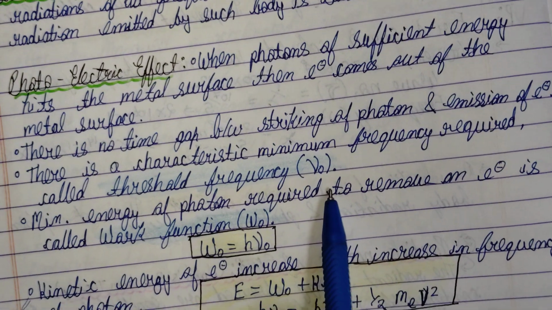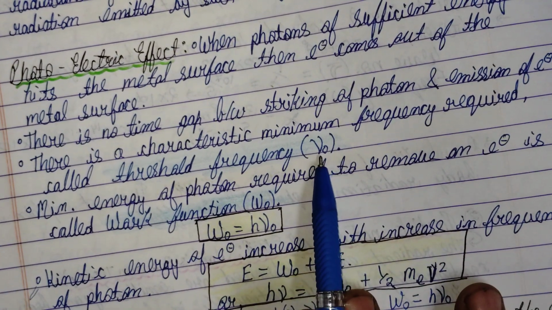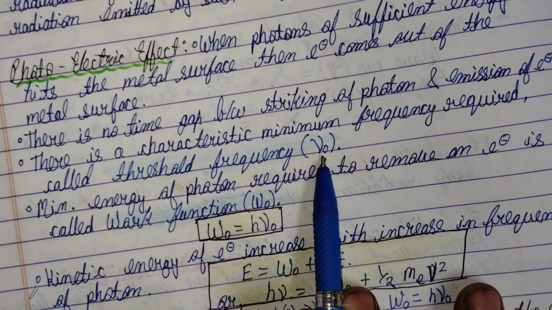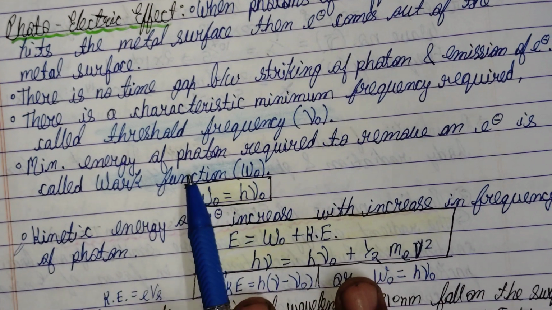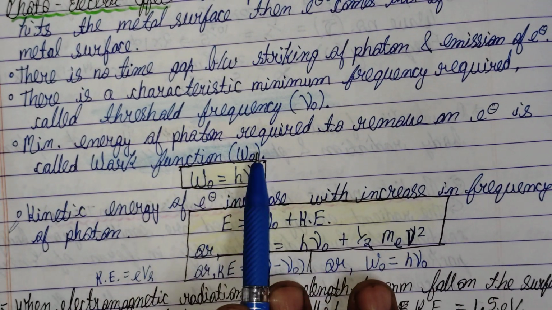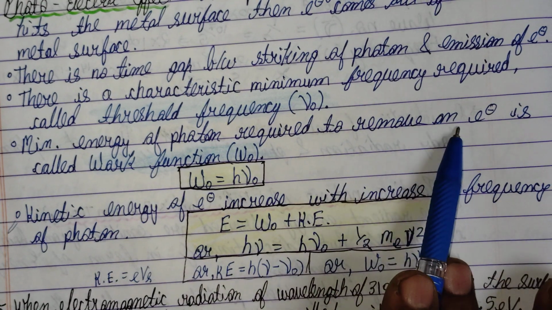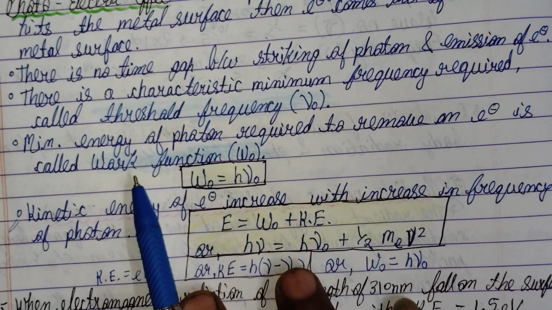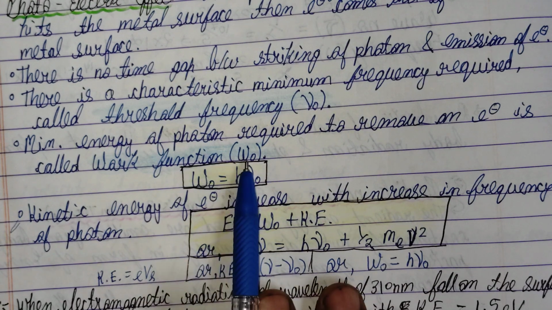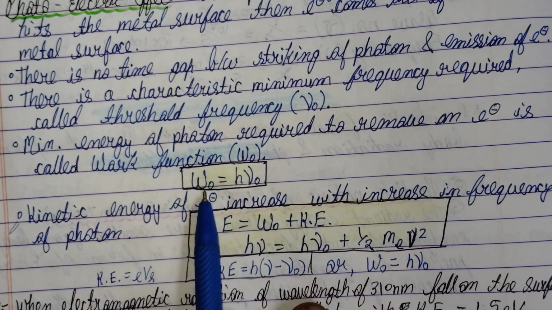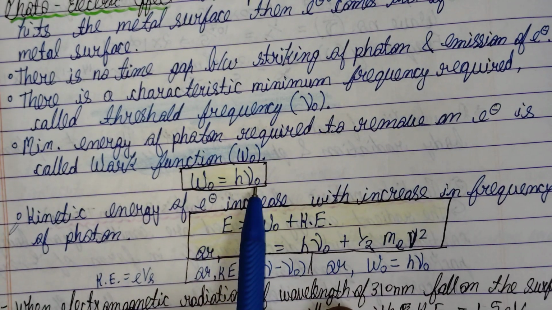It is represented by nu naught. It is threshold frequency. Next, the minimum energy of photon required to remove an electron is called work function W naught. So W naught equal to h nu naught.